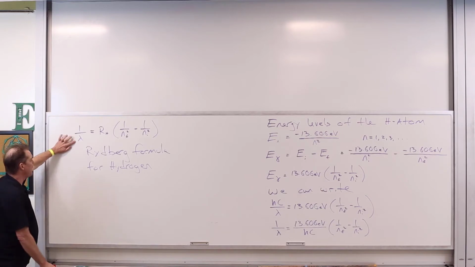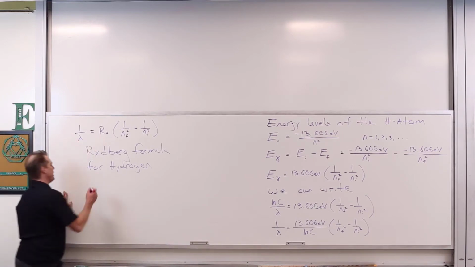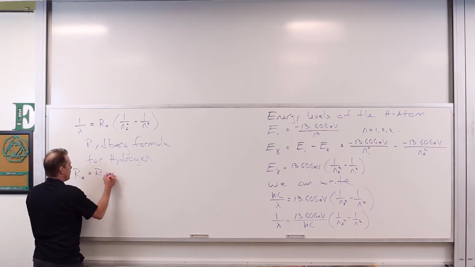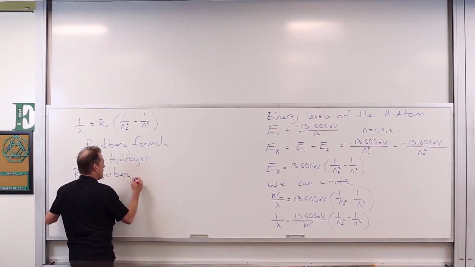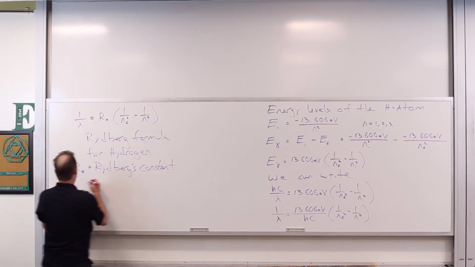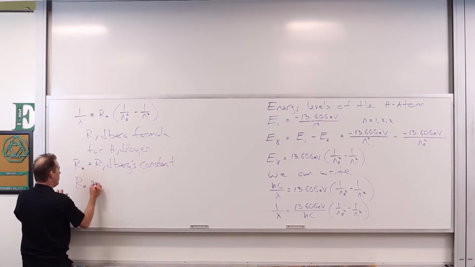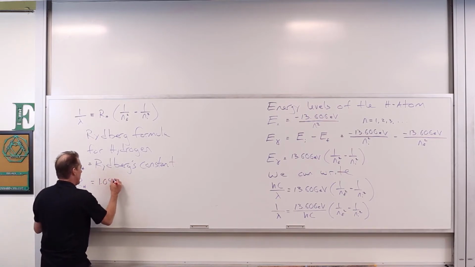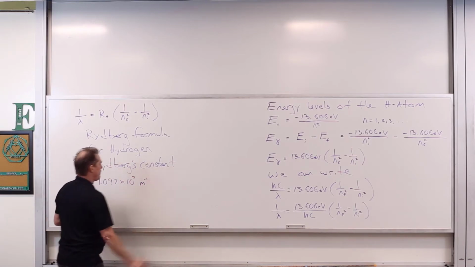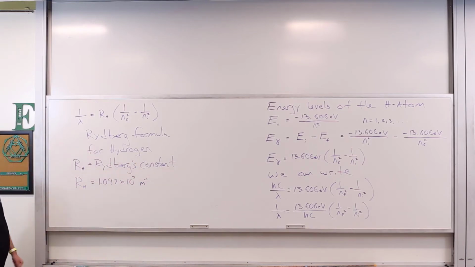This is the wavelength of light, and this is Rydberg's constant, R sub H. Rydberg's constant has a value of 1.097 times 10 to the 7th per meter. There's Rydberg's constant right there.